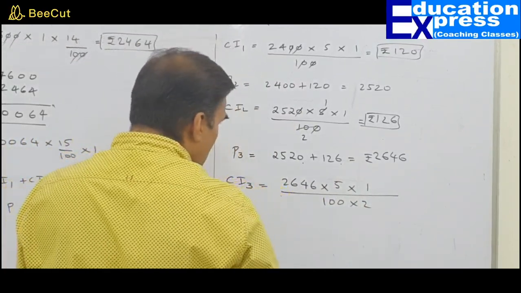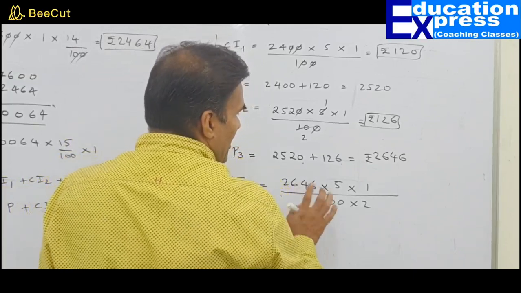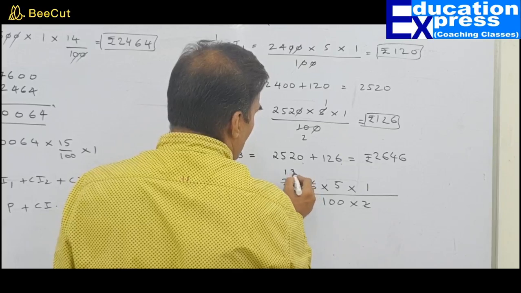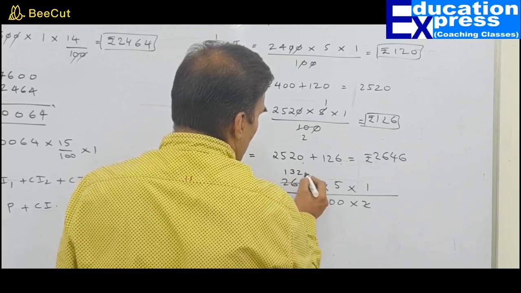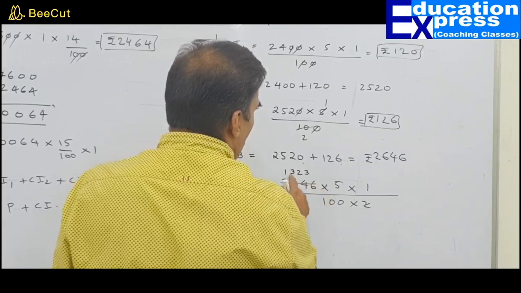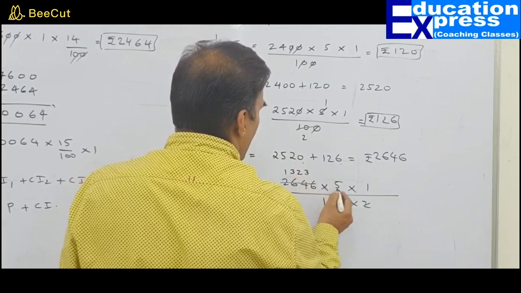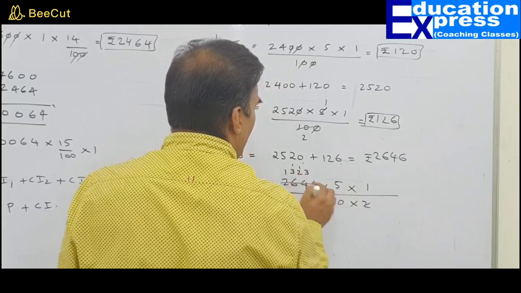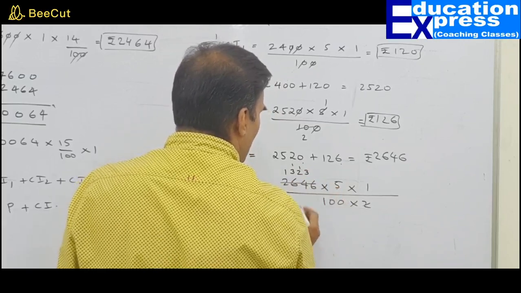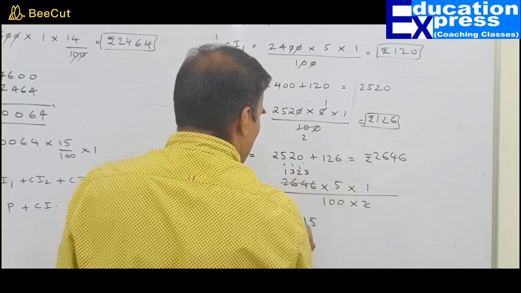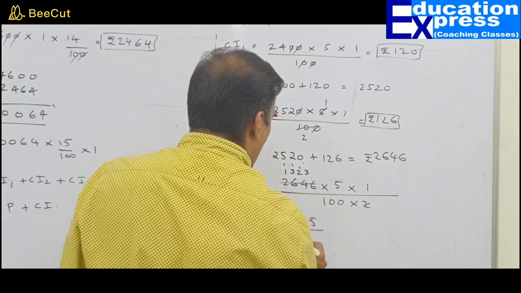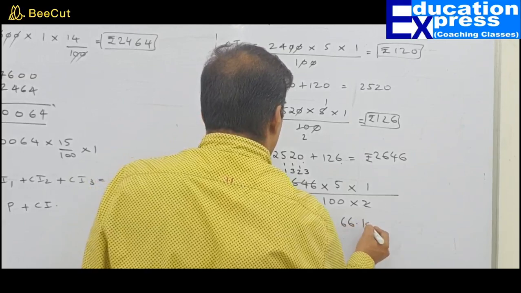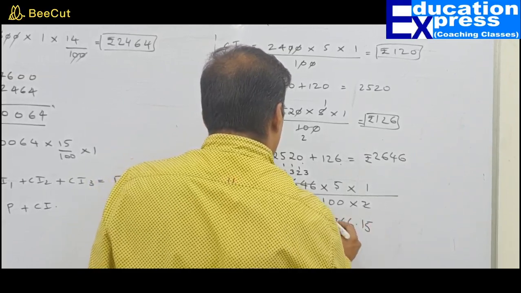Let us find out. I'm not going to touch this 100, let it be like that only. 2646 multiplied by 5 gives 13230 upon 100, that makes it 66 rupees and 15 paise interest.